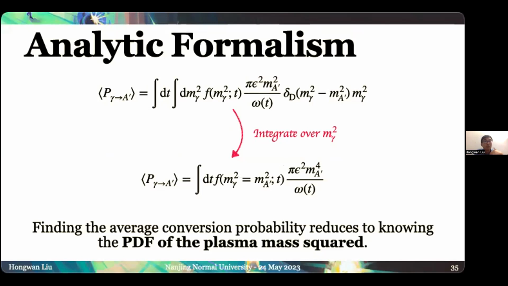And if you didn't follow the whole argument, all you need to know is that the sky-averaged probability of conversion from photons to dark photons, including all the effects of inhomogeneity, just comes down to knowing the probability density function of the plasma mass squared as a function of time. Okay, so that's the key takeaway of this part.